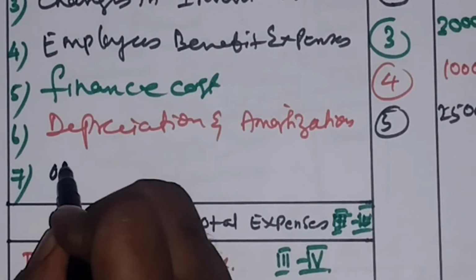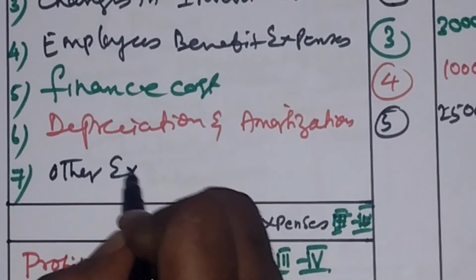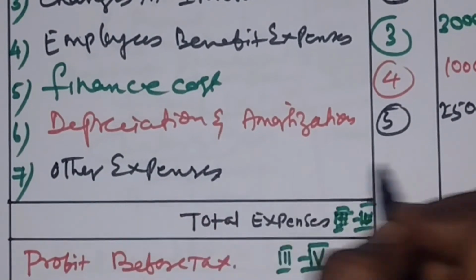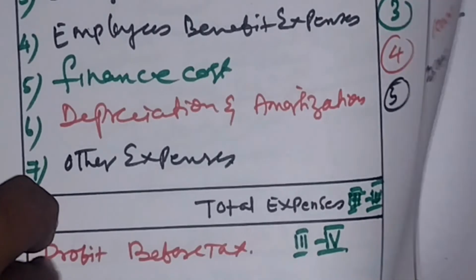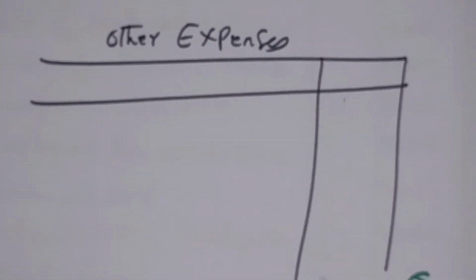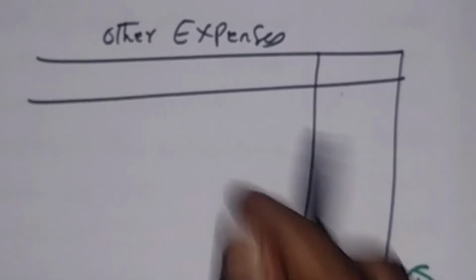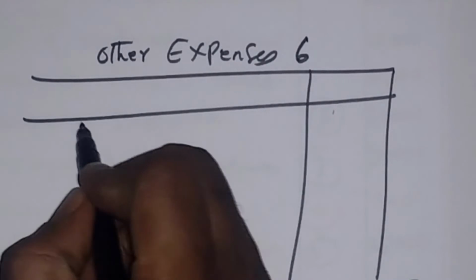And the seventh one we have is other expenses. What other expenses will appear? N number of expenses will appear. For example, other expenses: the last note is 5, so I'll give note number 6 for this.